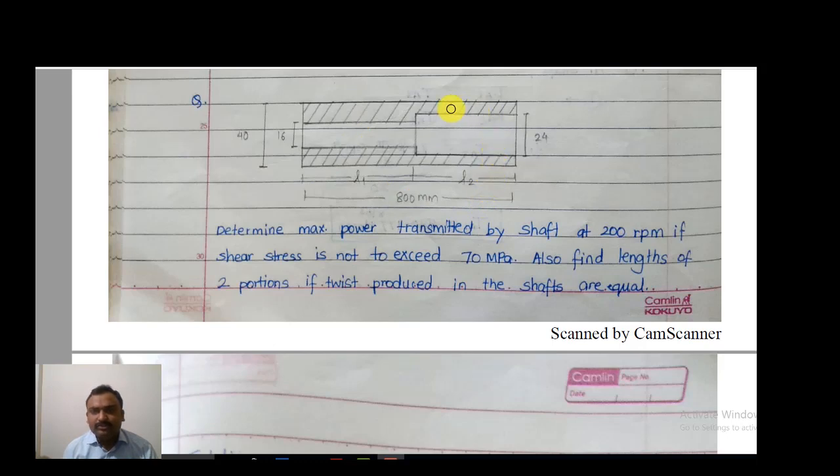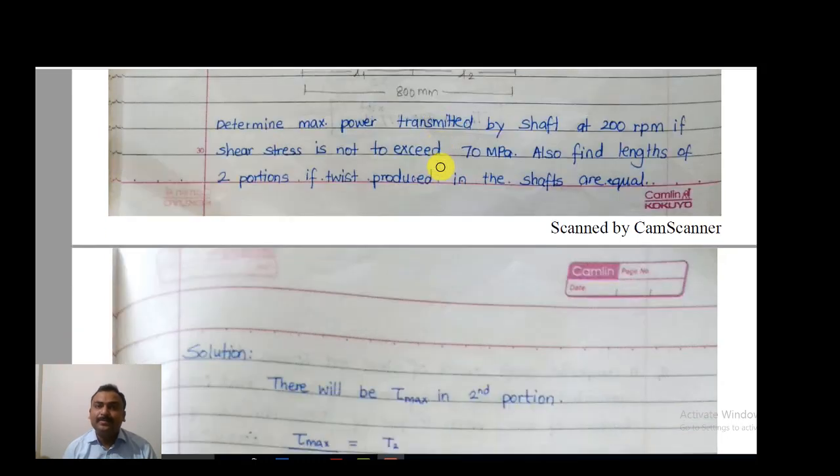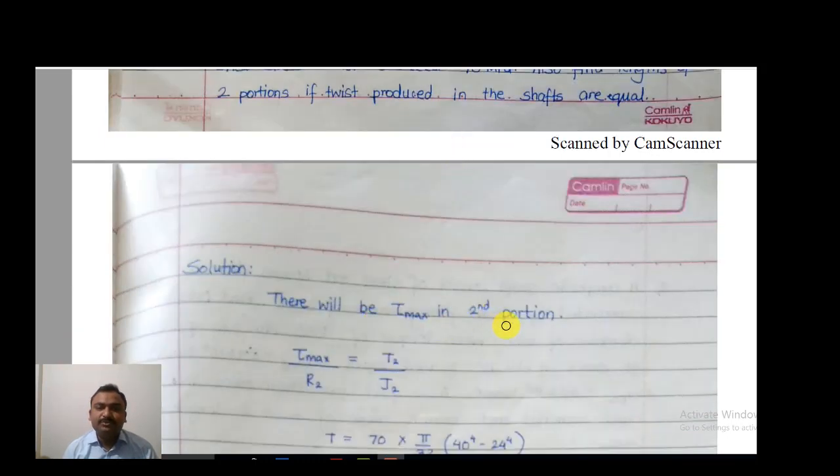Because of that, shear stress will be maximum in the second portion only. So by applying the torsional equation for the second portion only, we can calculate the torque transmitted by the shaft.